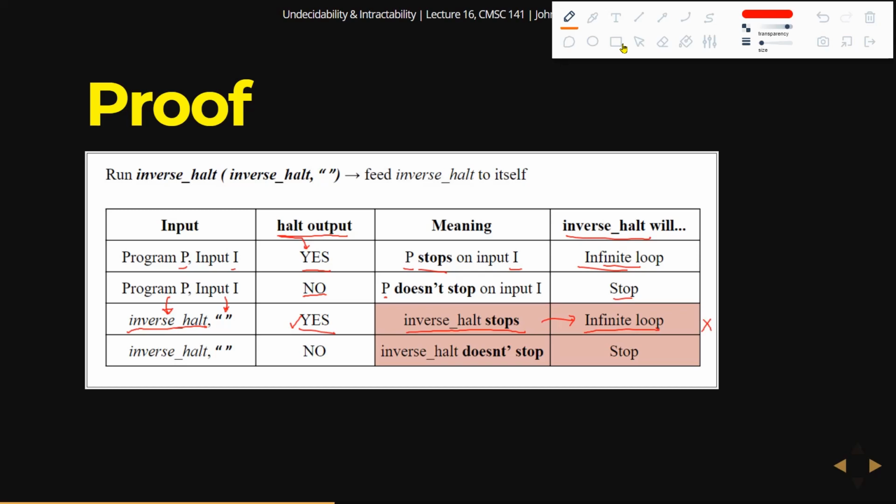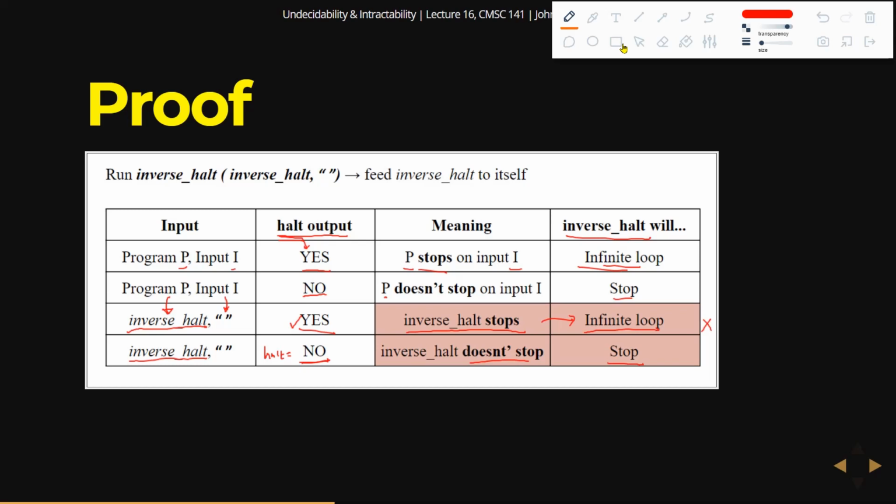Now, if we also see the other side, which is inverse halt on no, that means that the program inverse halt does not stop because halt said no. But if inverse halt does not stop, that means that inverse halt will stop.